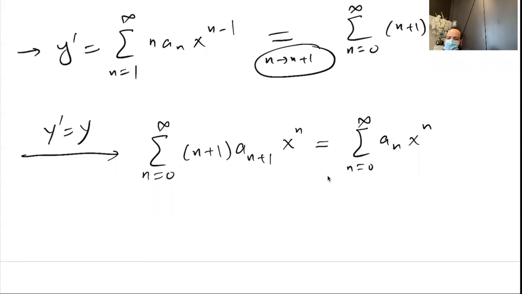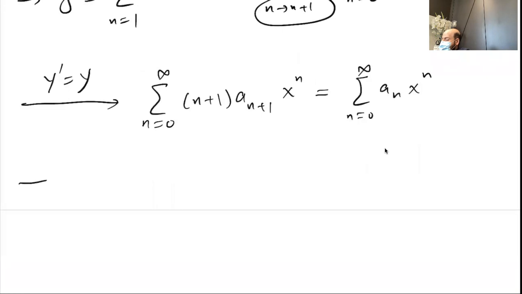The coefficient on the right-hand side of x to the power n is a_n. So this coefficient must be equal to a_n. So that means (n plus 1) a_(n+1) must be the same as a_n, for n bigger than or equal to 0.